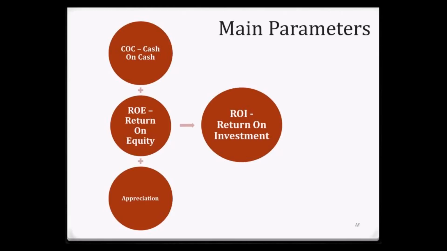And lastly, the last factor is appreciation. Now, I don't think appreciation is, I don't want to say a dangerous game, but something you want to deal with cautiously. I like to factor in appreciation in the value of inflation. In this country, we have inflation.